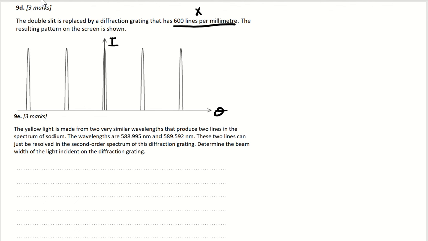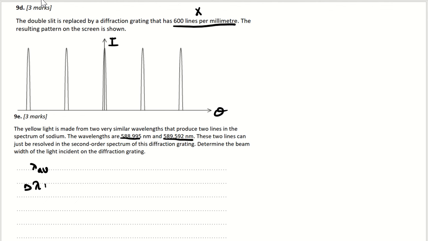He's saying the yellow light is made from two very similar wavelengths that produce two lines in the spectrum of sodium. The wavelengths are this and this. Okay, so now I can find lambda average, and I can find the difference of these lambdas. These two lines can just be resolved.